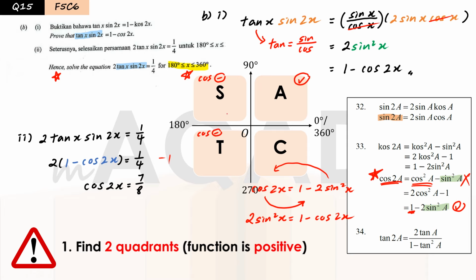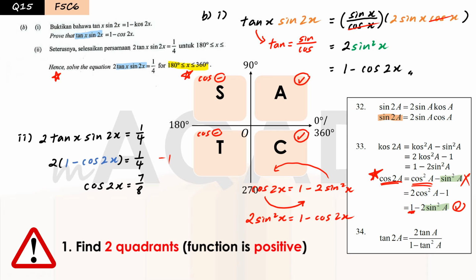So this is not the quadrant that we want either. So let's go to the last quadrant here, which is C. C is cos, and cos is the only positive trigo function. So this would be another quadrant that we want. So it would be A and C, the first and the fourth quadrant.